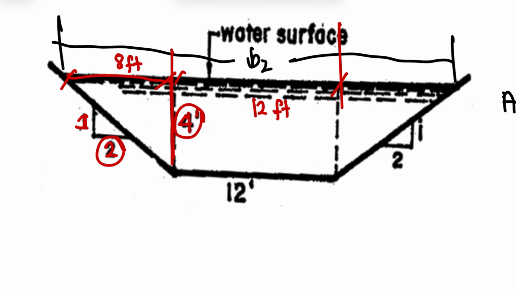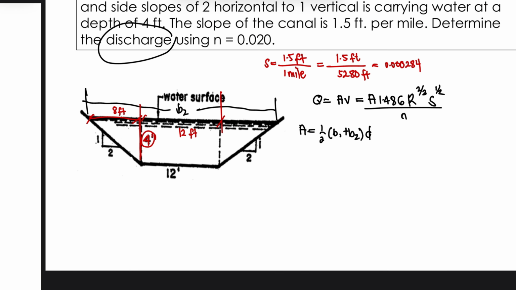Pero if in case, this is 2, and then this one is 1, so, ang mangyayari po, kung 4, ito, yung vertical natin, ito po, mahati po yan sa dalawa. No? So, magigilang po itong 2. Okay? So, huwag po kayo malilito. Ganyan po yung paggamit ng side slope.